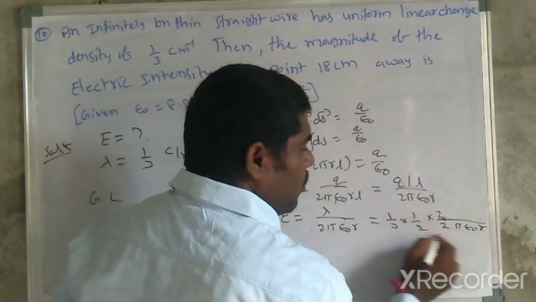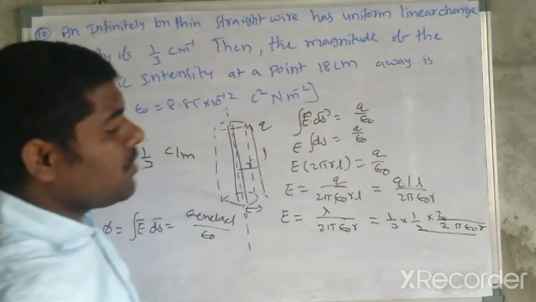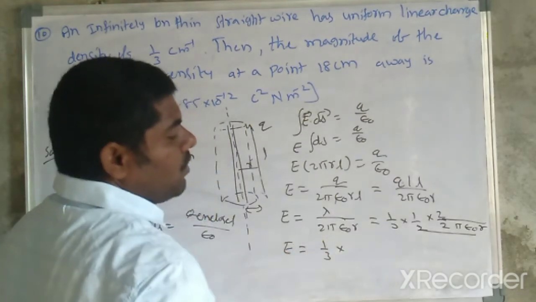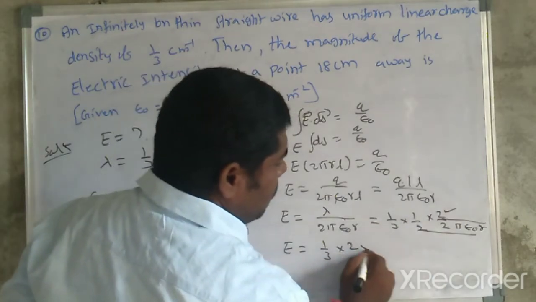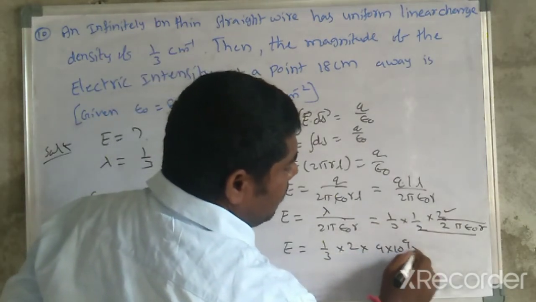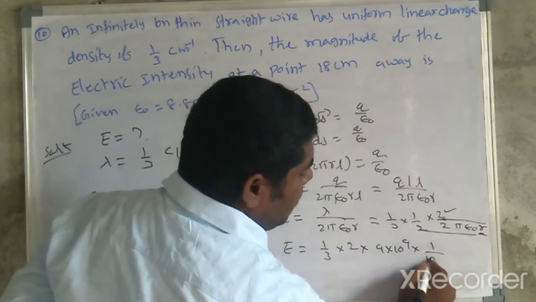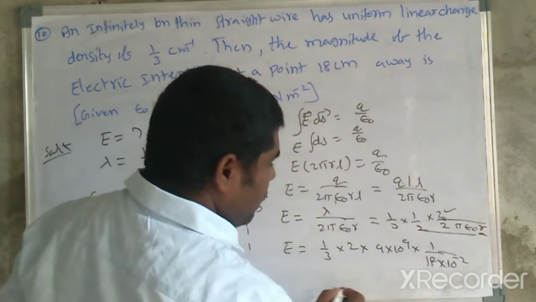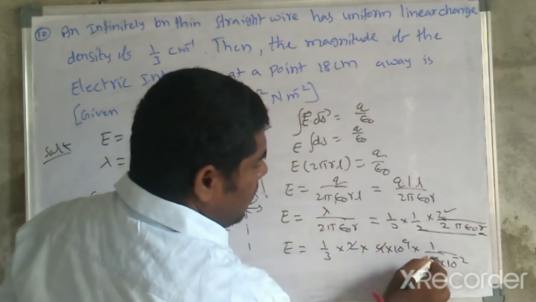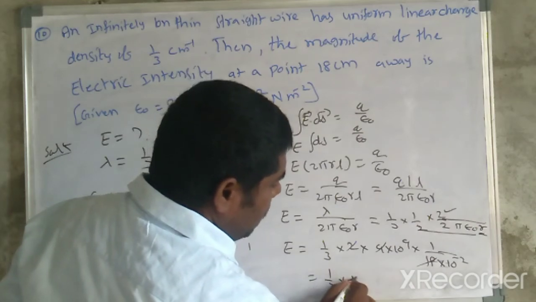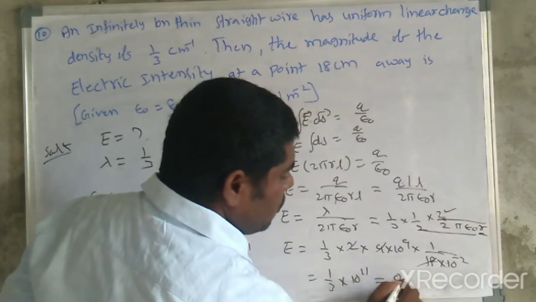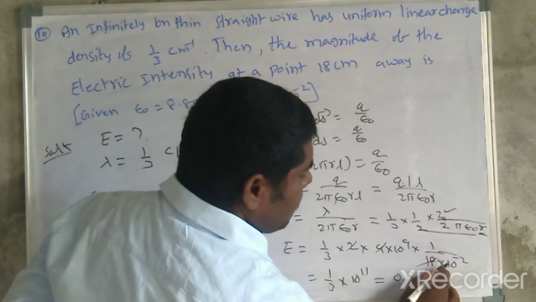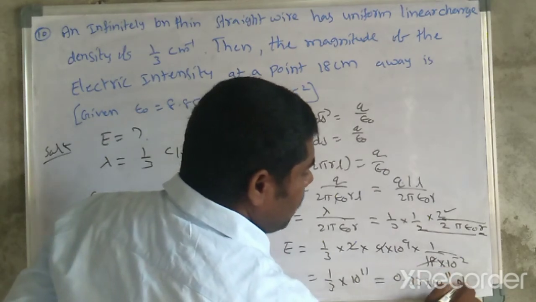So 1 by 4 pi epsilon naught is nothing but 9 × 10^9. So electric field is equal to 1 by 3 into 2 into 9 × 10^9 divided by r, which is 18 centimeter, 18 × 10^-2. So 2 times 9 is 18, giving 1 by 3 into 10^11, approximately 0.33 × 10^11 Newton per coulomb.